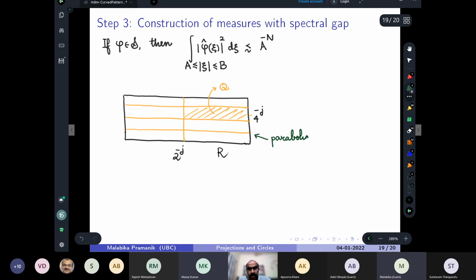And they construct a measure mu by piecing together measures supported on Q, and these Q are, let's say, some large generation, generation T, children of R.